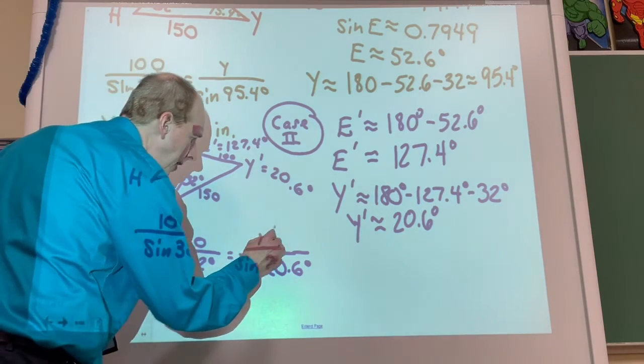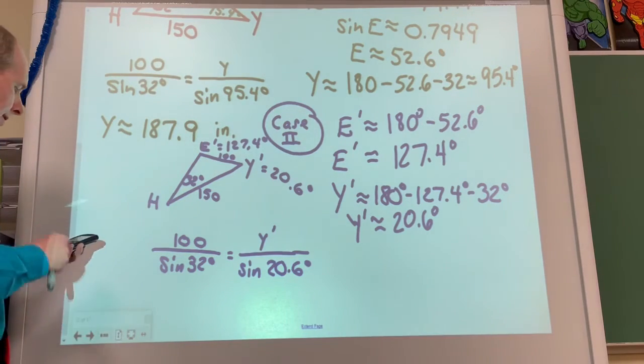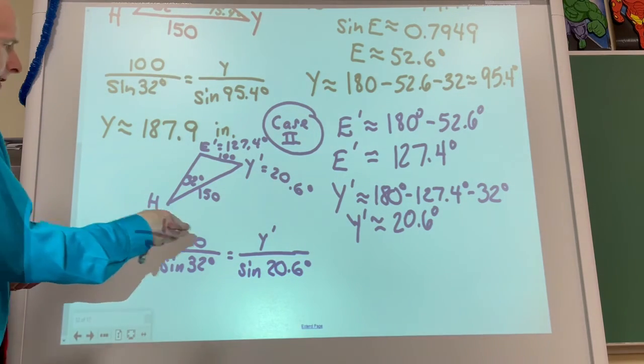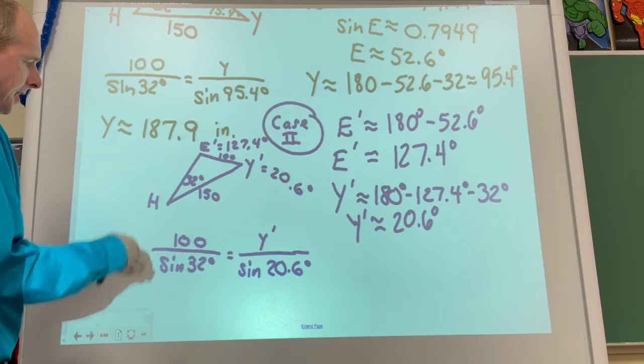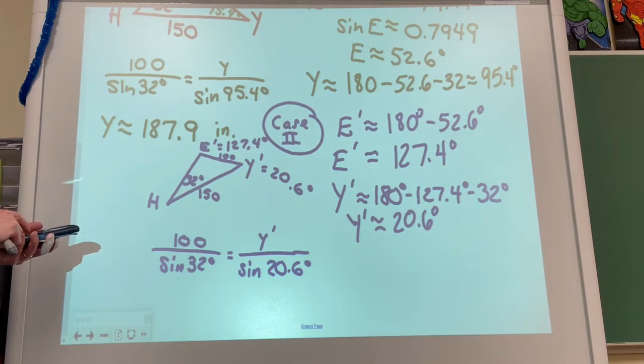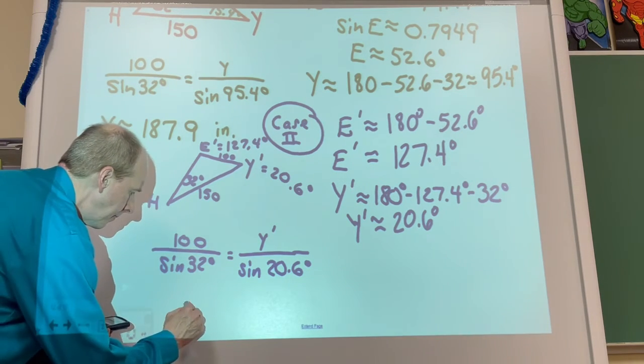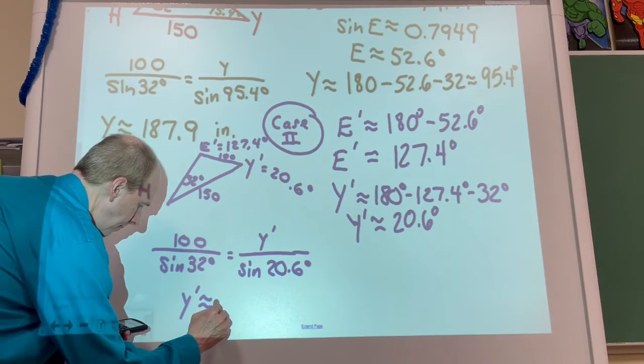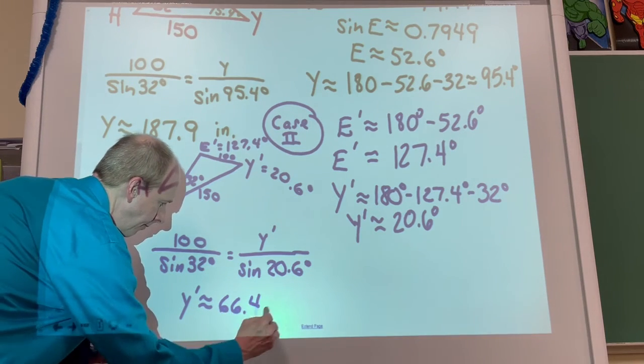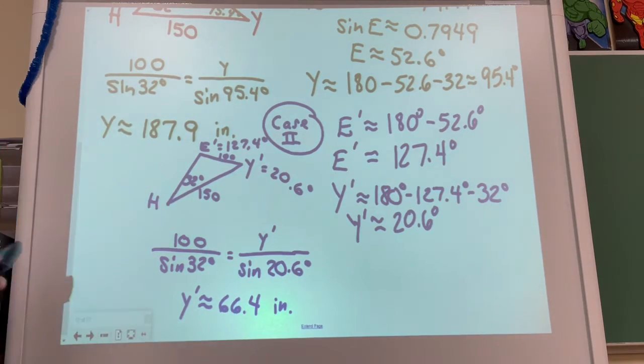I'll make this my little baby y prime. So 100 times sine of 20.6 divided by sine of 32. Little baby y prime, 66.4 inches. Two possible cases.